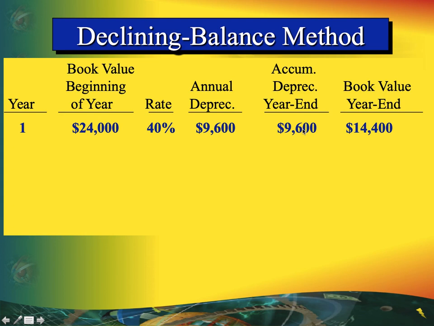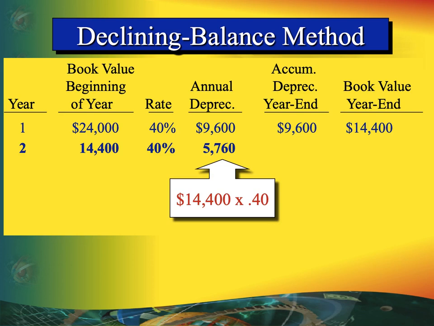The accumulated depreciation year end will be the same as annual depreciation because this is year 1. Book value year end is simply 24,000 minus 9,600, which is 14,400.